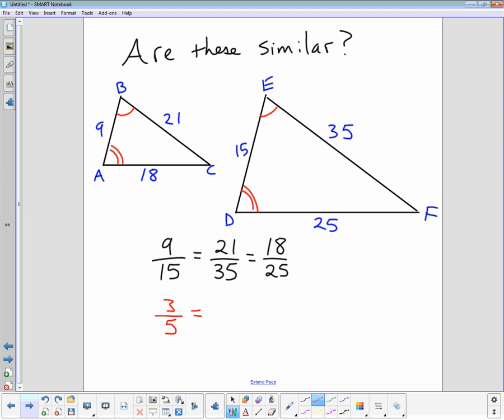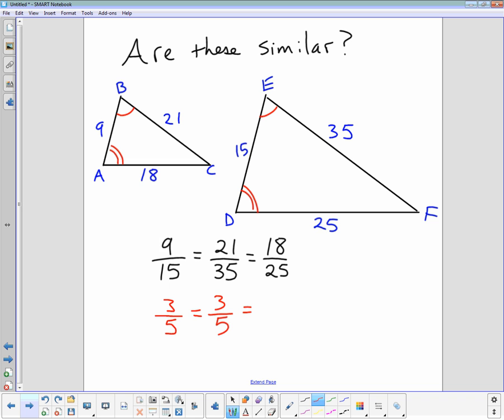The next one. What's this one? And the last one. What's that?